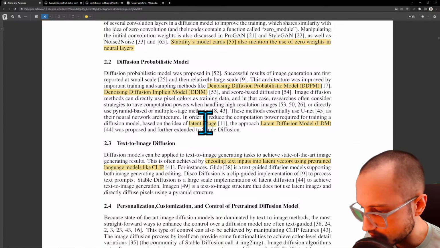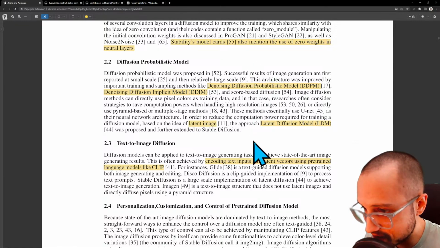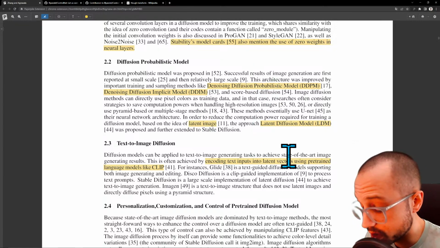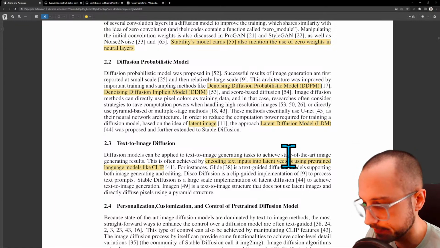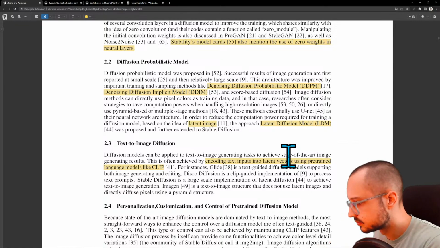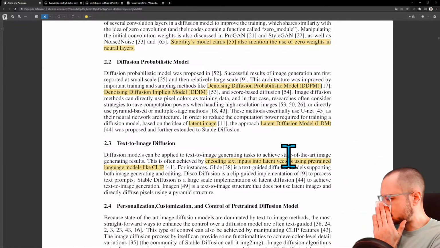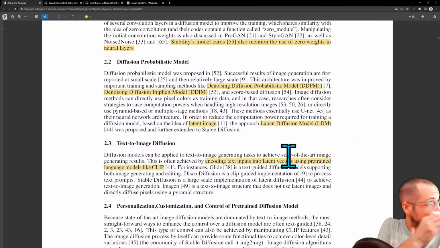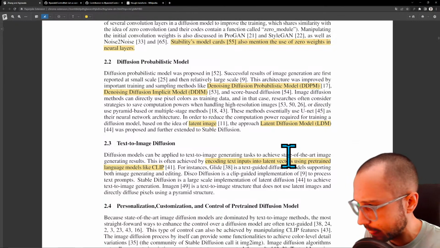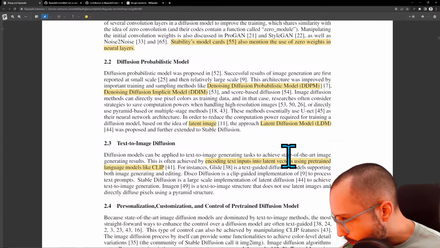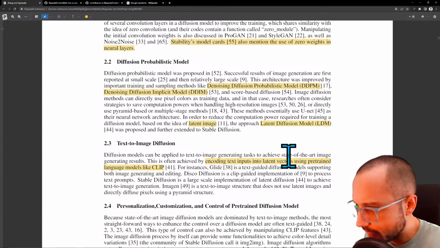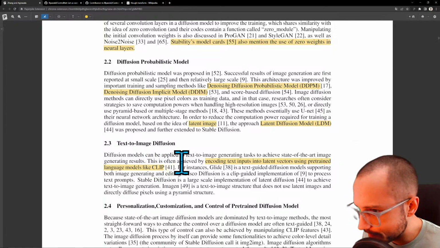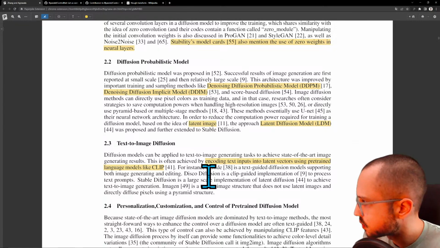So you can take text, turn it into an embedding vector or a latent vector, and then turn images into a latent vector, and then you can actually compare the distance between those. CLIP is responsible for a ton of the success of text to image.